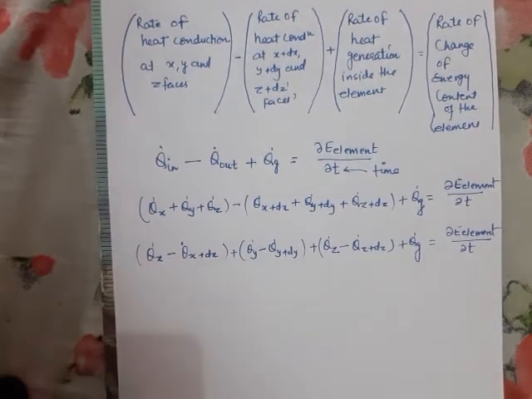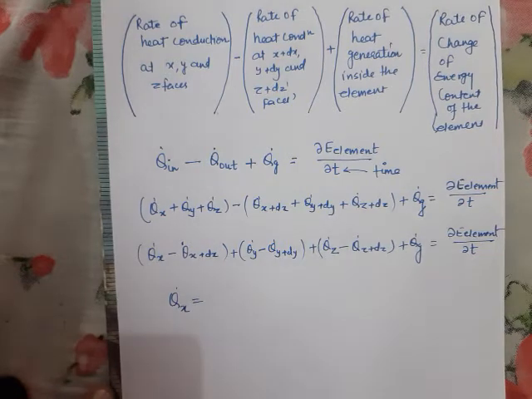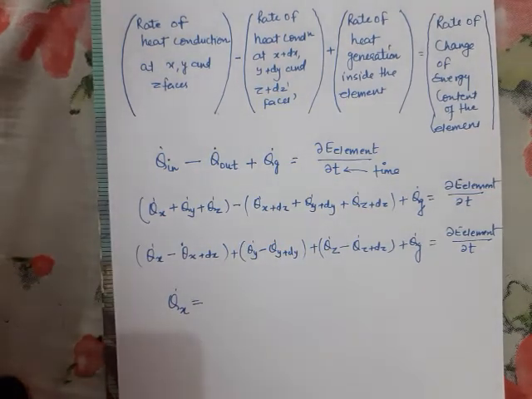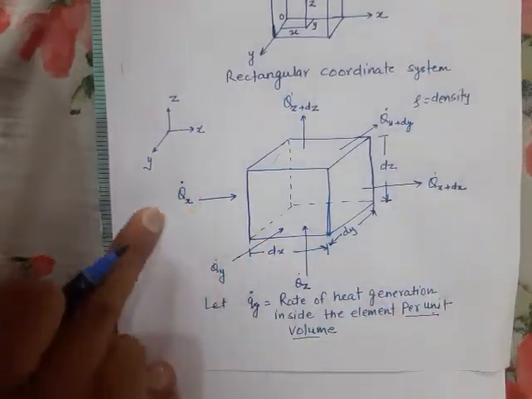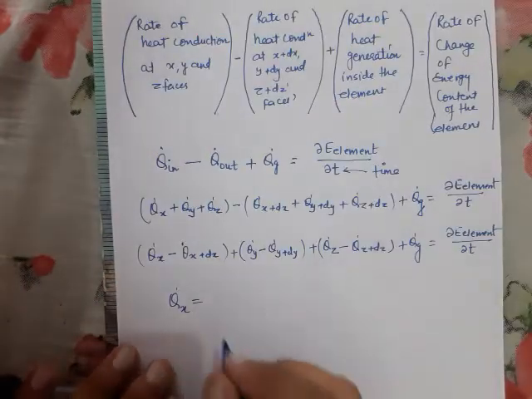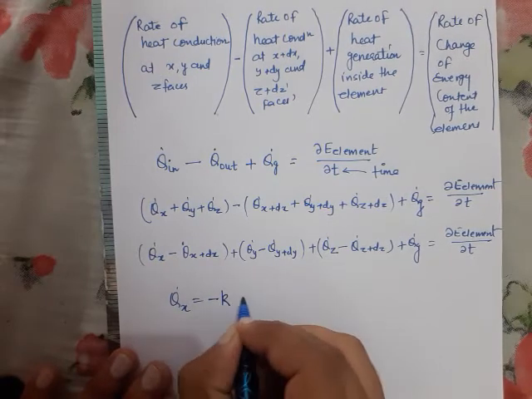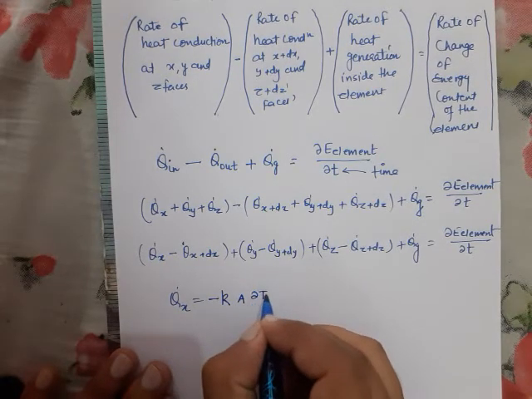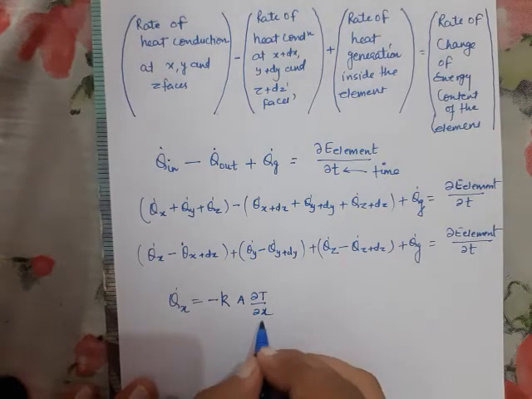So let's write the expression for Q dot X. Q dot X can be written as the rate of heat conduction into the element in X direction, from this figure. By Fourier's law of heat conduction, it is minus K A del T upon del X. This is Fourier's law in X direction.